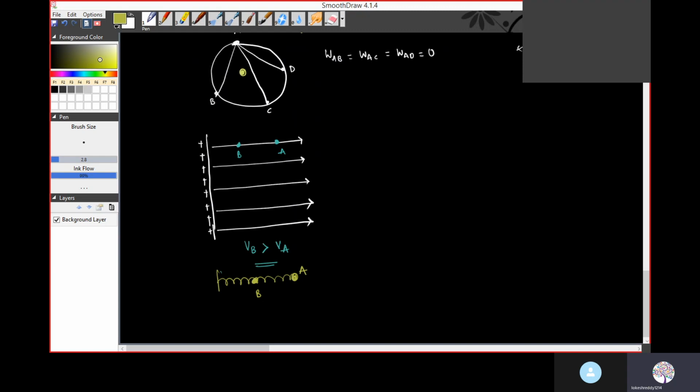Again, if you move against the field, the potential is going to increase.